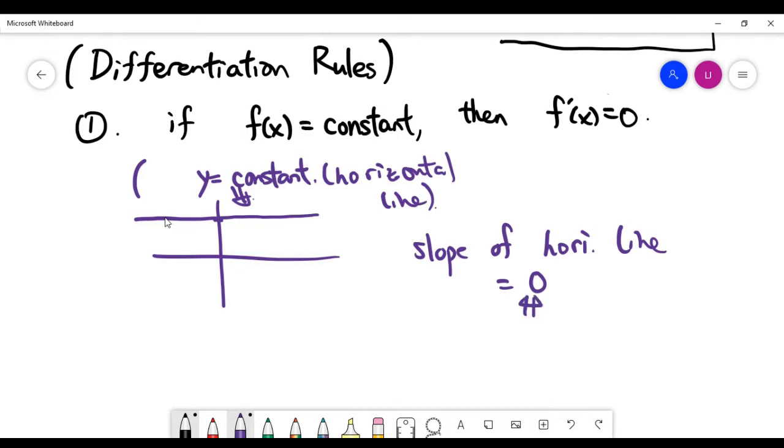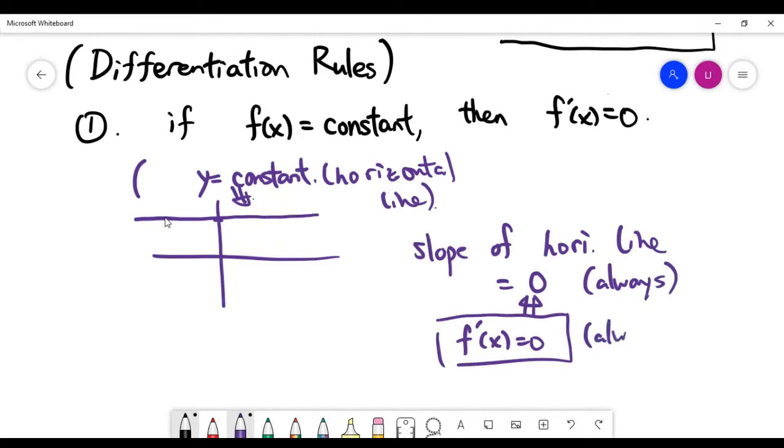In a previous video, I've explained it already. Slope 0 for a line essentially means that the f prime of x is always 0. And that's the reason why we have this rule that whenever f of x is constant, f prime of x is 0 all the time. So we'll go to the next rule.